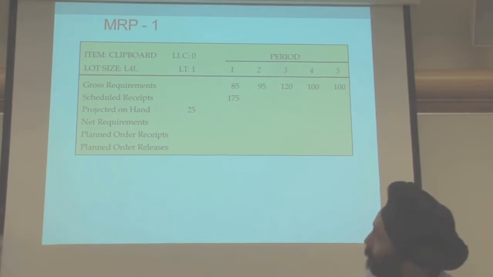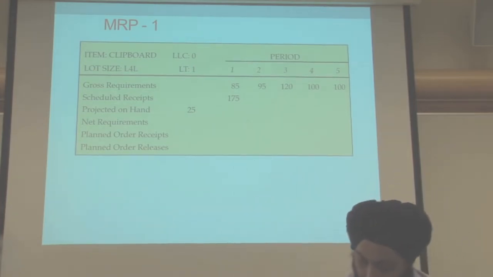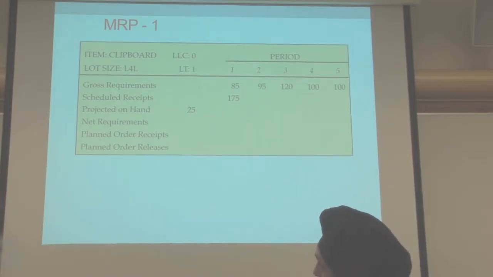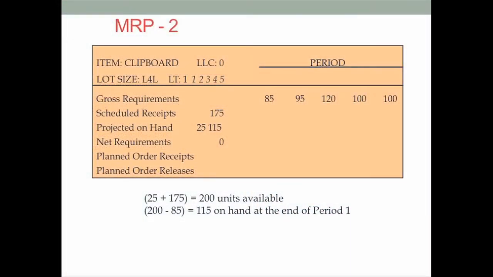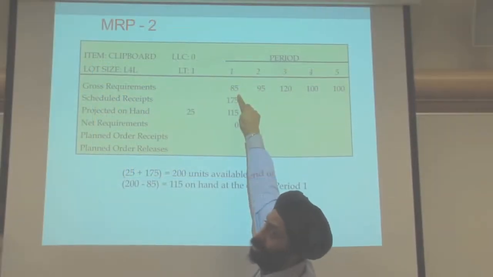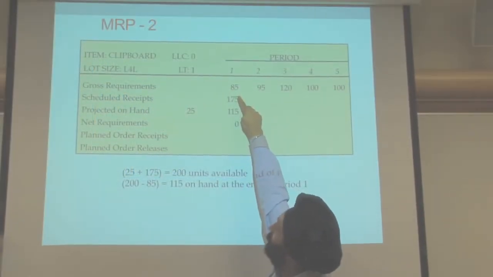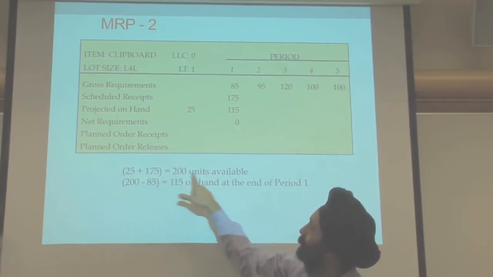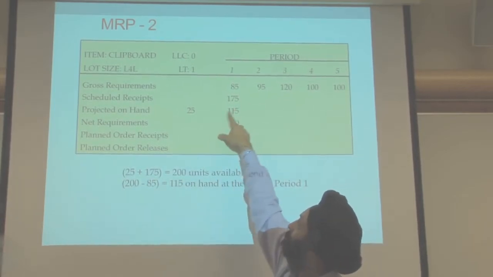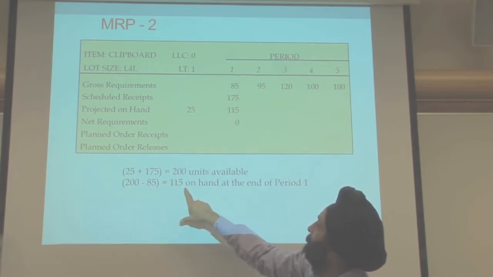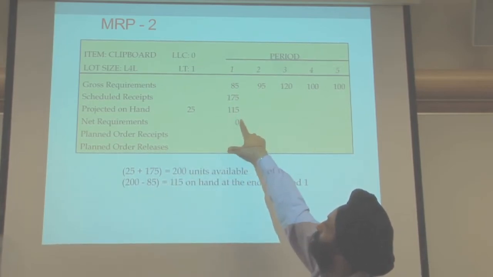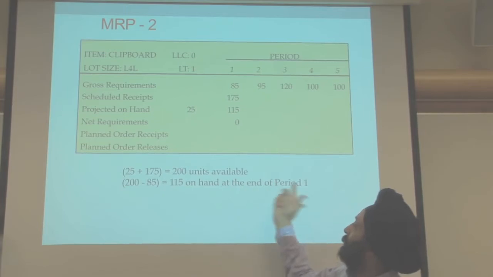And as can be seen over here, this is the first iteration. So from MRP 1, now what we are doing is, in period 1, we look at 25 plus 175, which is 200 units available. And from these 200, you subtract the 85, that gives you 115 in hand at the end of period 1.